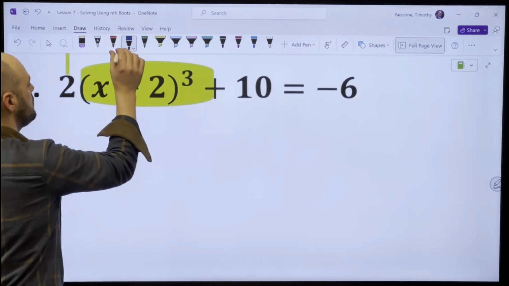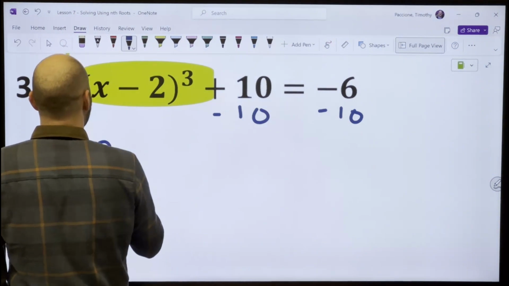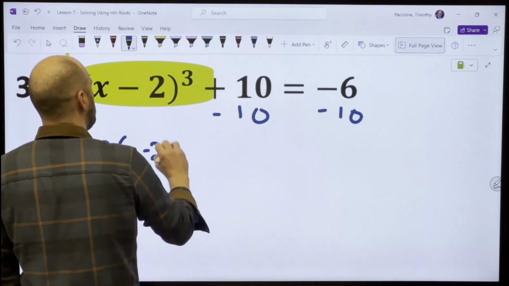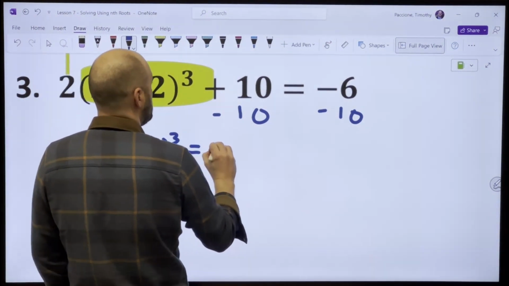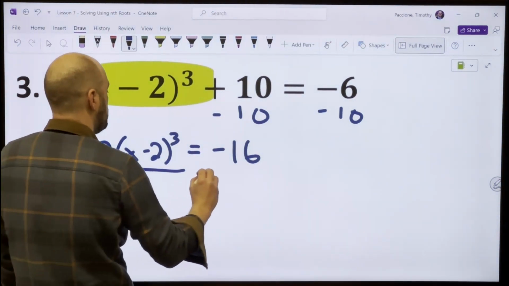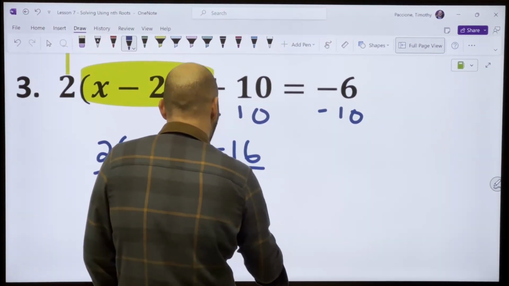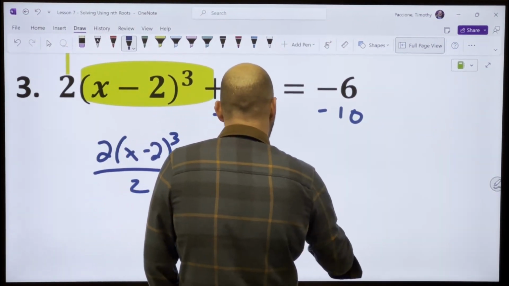Minus 10. And I got 2 times x minus 2 to the 3rd equals negative 16. Then we divide by 2. I got x minus 2 to the 3rd equals negative 8.